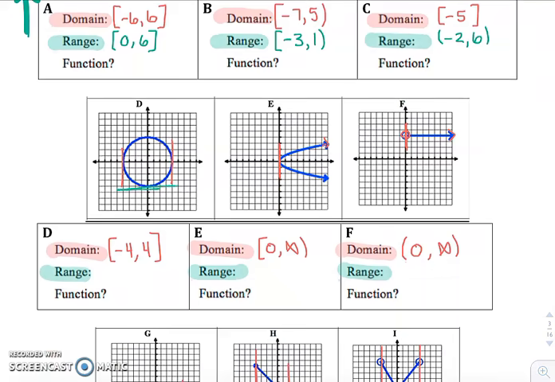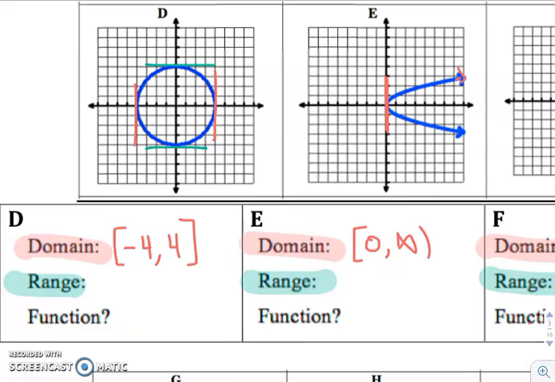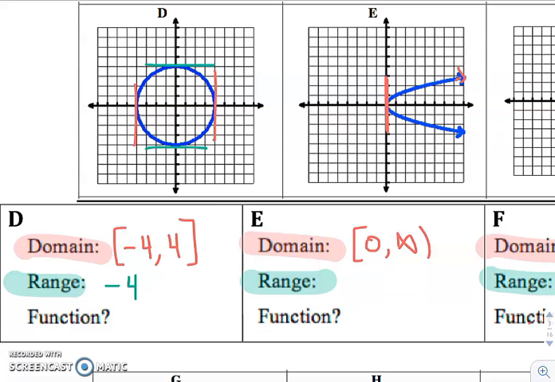Lowest y value, the lowest point the graph reaches, to the highest point. So that lowest y value is -4. And the highest y value is +4. And again, we just assume, unless we see an open, specifically an open dot or gap there, that we included. So they'll both get brackets.